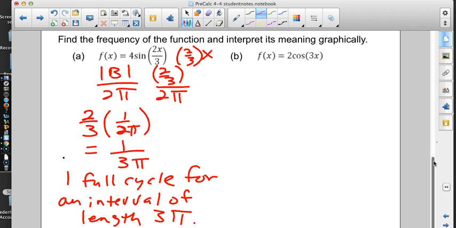The 1 on the top tells us this is a full cycle. And then what we get on the bottom tells us the interval to make that happen for frequency.